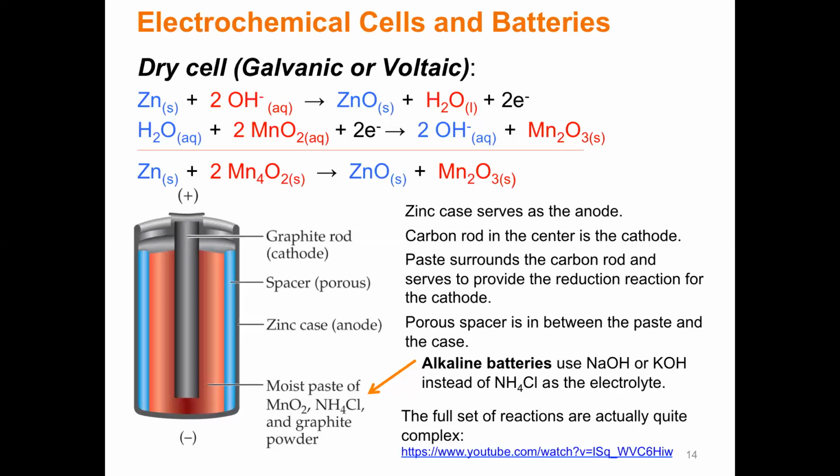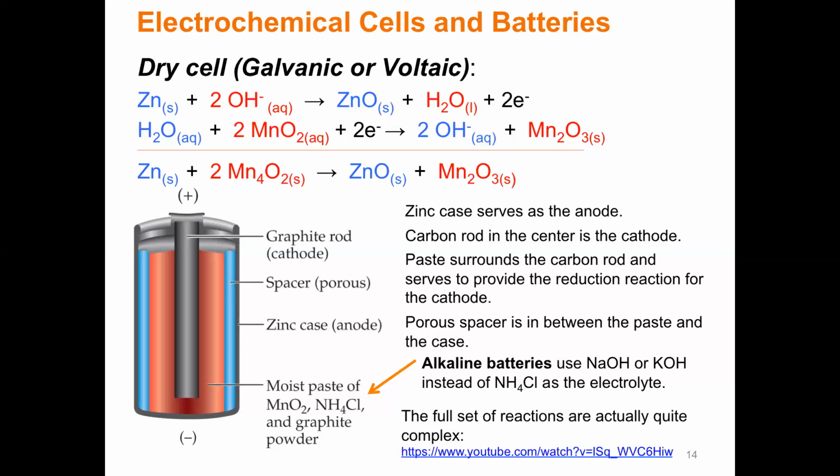But this we say is this dry cell, and I've noted here that this is a galvanic or a voltaic cell. And if you look on page 5, I have some extra notes here. So a galvanic or a voltaic cell generates electricity spontaneously by the types of reactions that we have, and we're separating them from each other so that the electrons can flow.